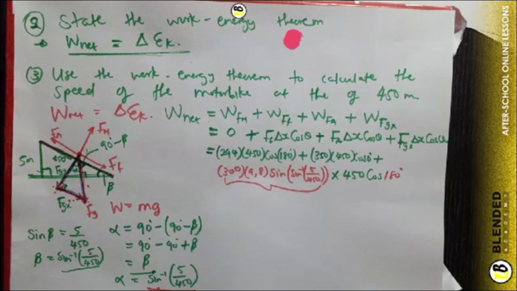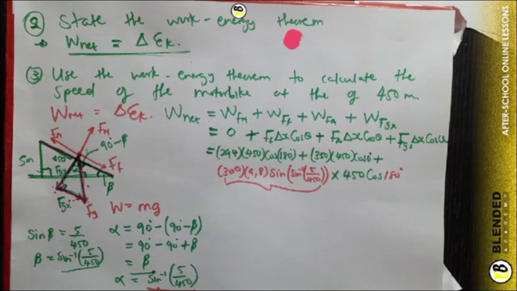All right, let me just do it again quickly. It's 350 by 450 cos 0 degrees, plus 300.